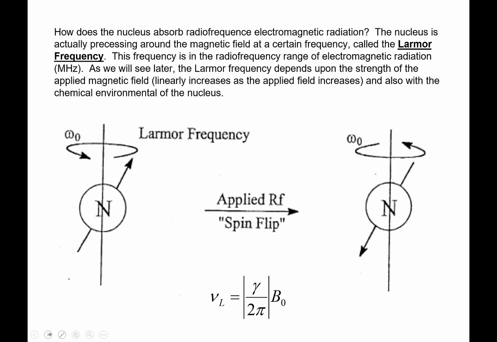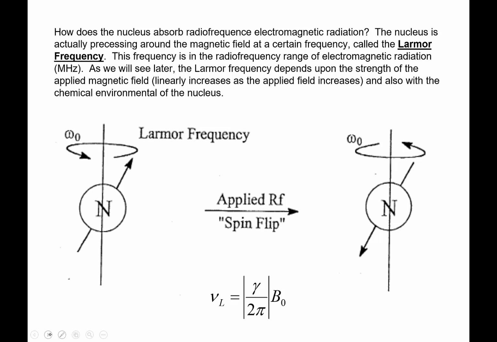If you want the math, there's the math with the magnetogyric ratio and all of that stuff. One thing I will say is that this NMR frequency is proportional to the applied magnetic field. So that's our spin flip.